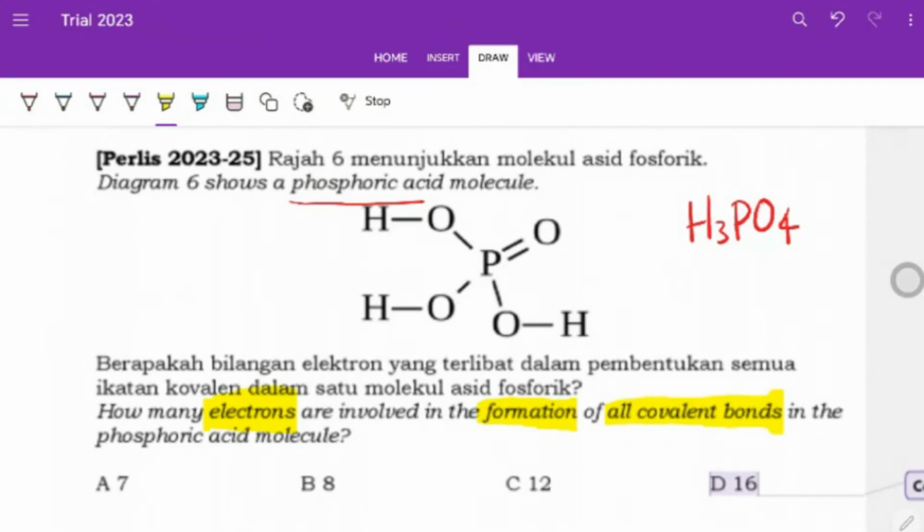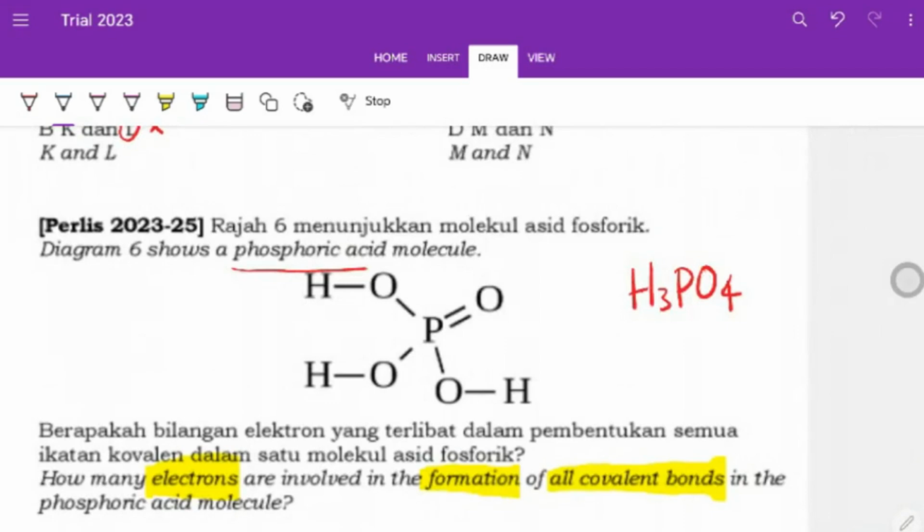This one is interesting, covalent bond, class. How do we recognize that? This is a rare question. So how many electrons are involved?